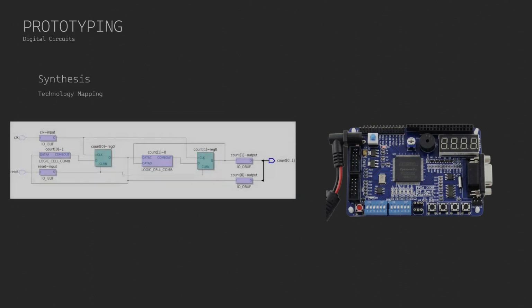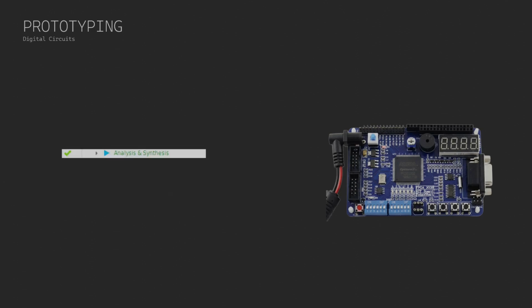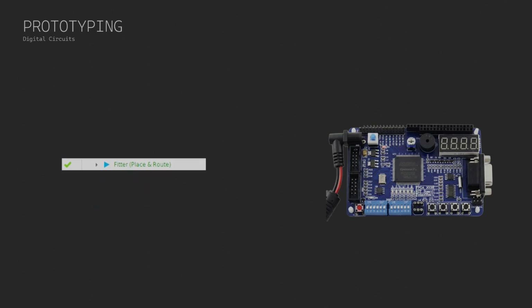Next, it will perform technology mapping. Here it will replace generic components with FPGA elements like lookup tables, LUTs, flops, buffers, etc. We can discuss in detail in future videos the resources of different FPGAs from different manufacturers like Xilinx, Altera, Lattice, etc. Let's move to the fitter, which will perform our place and route operation.